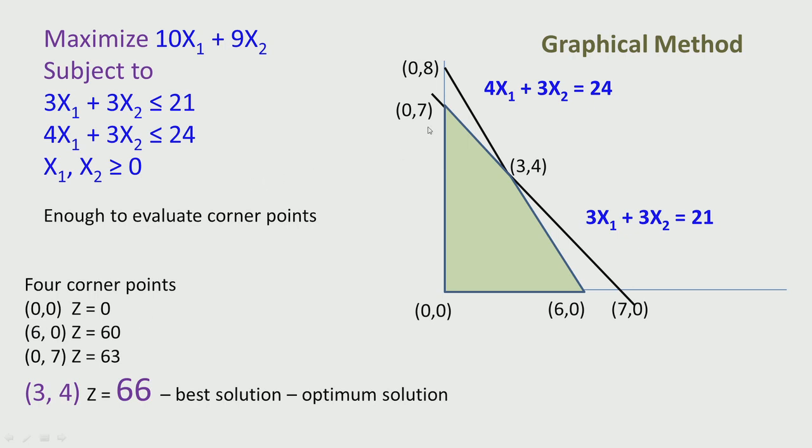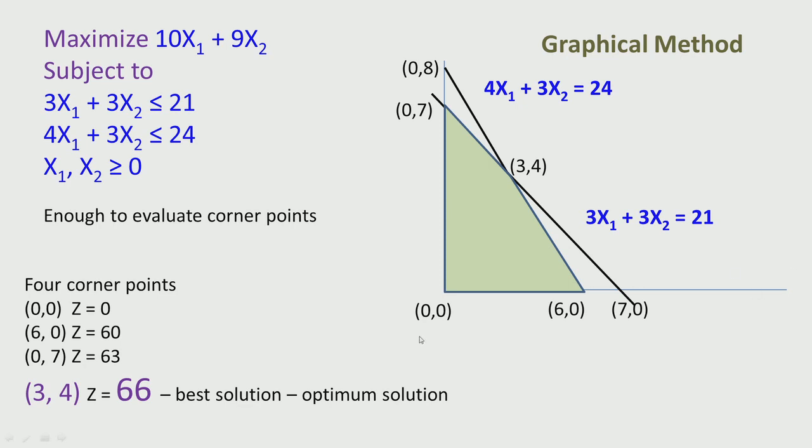For the corner point 0, 7, 10 into 0 plus 9 into 7 will give us 63, and for 3, 4 we will get 10 into 3, 30 plus 9 into 4, 36, which is 66, which is the best solution, which is the one that gives us the highest value of the objective function or the revenue. Now the best solution is called the optimum solution.